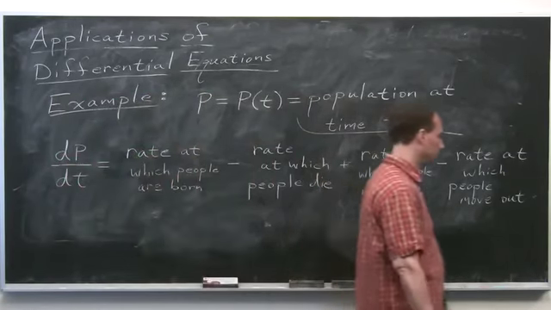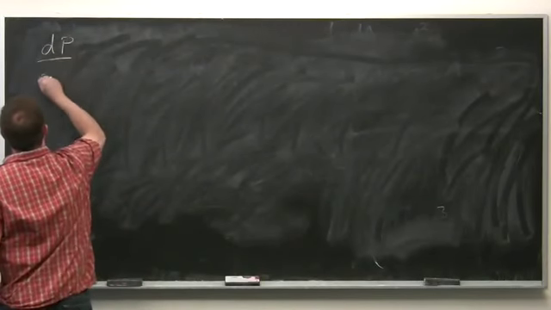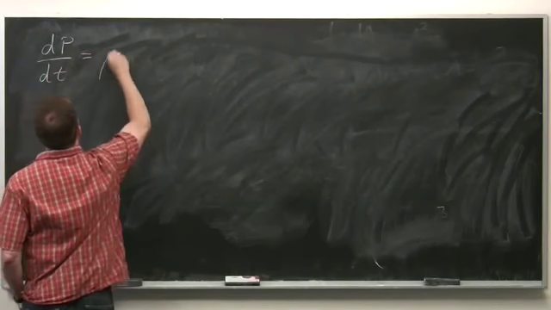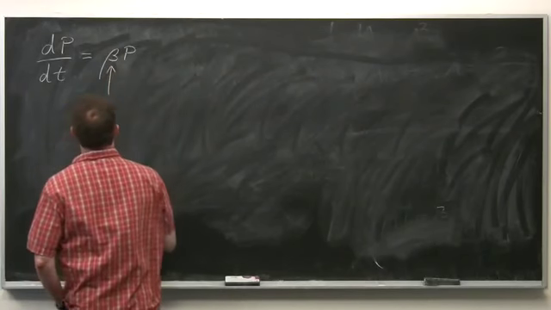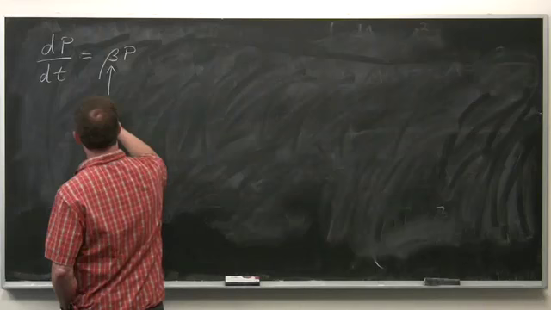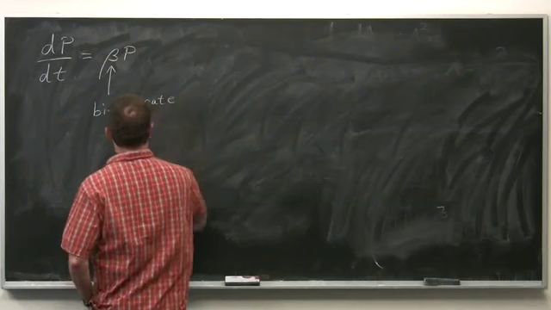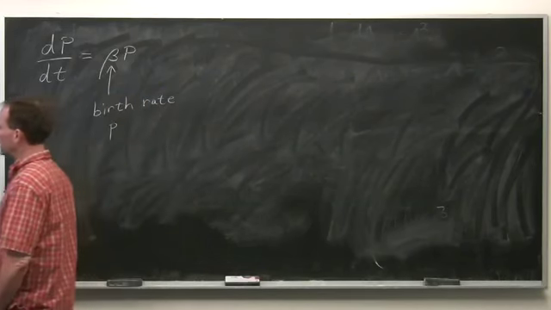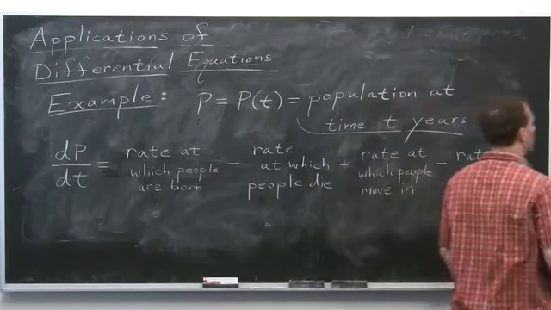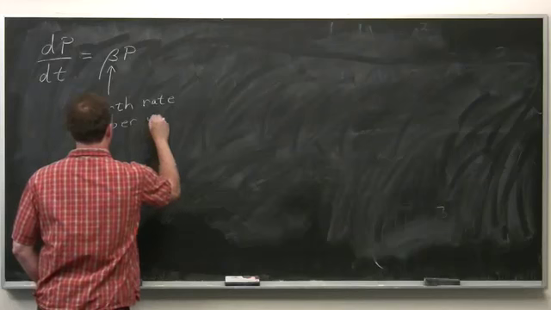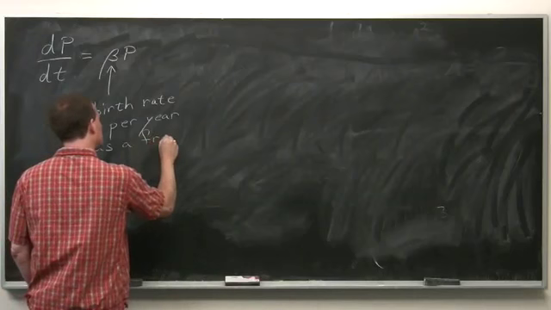So what we usually write is that dP/dt equals beta, for the birth rate, times P. This is called the birth rate per year as a fraction of the population. I'm going to pick years now just to fix a time unit. This is how we normally talk.